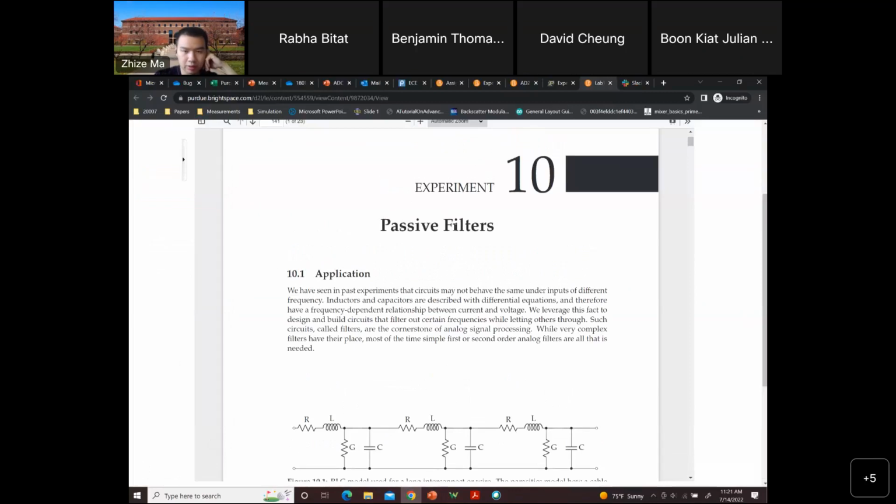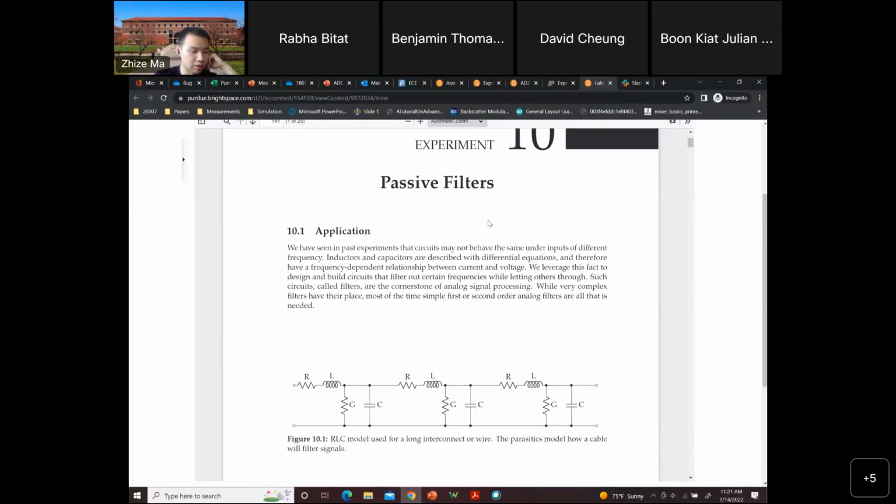So first of all, why do we need filters? For example, in your cell phone, there will definitely be filters, because in the environment surrounding us, there are many different frequency signals, but your cell phone only wants one frequency or a range of frequency.